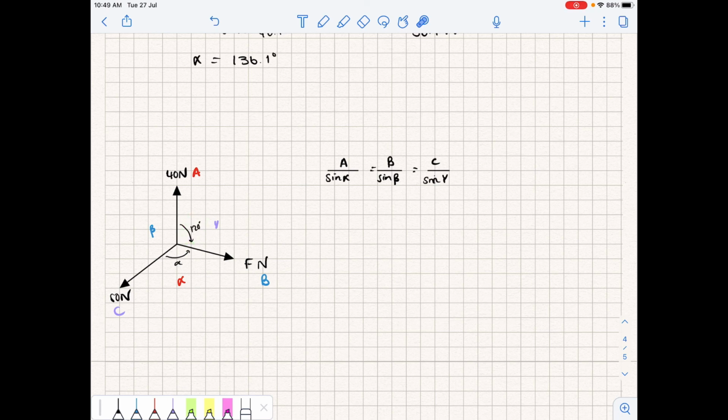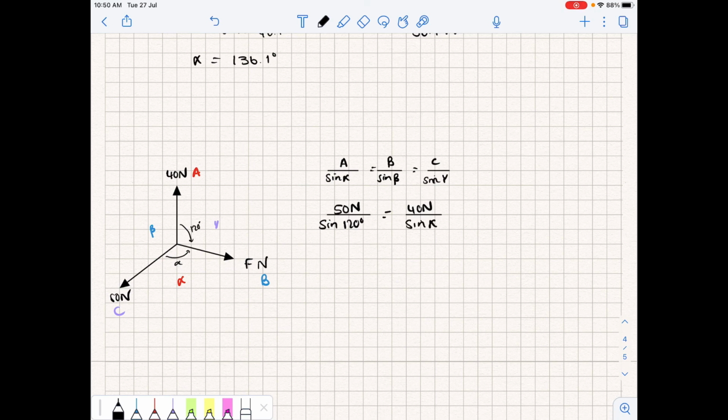So using Lami's theorem, we can say that if we take that 50 newtons and divide it by the sine of the angle opposite, which is 120 degrees, that should be equal to, as we are resolving for alpha, 40 newtons over sine alpha, okay?